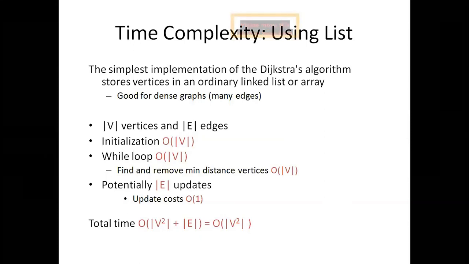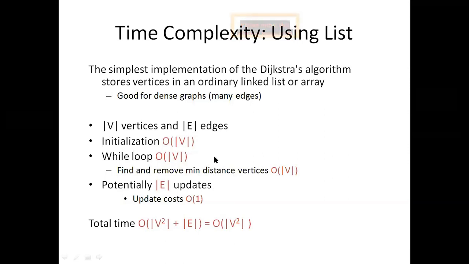You can take that as infinity. After that you are operating. So initialization takes big O of V, number of vertices. The while loop is big O of V. Find and remove minimum distance vertices, that is O of V. We are removing the minimum distance vertices.